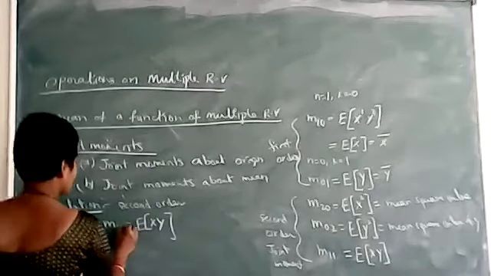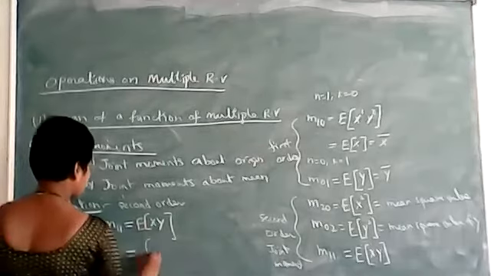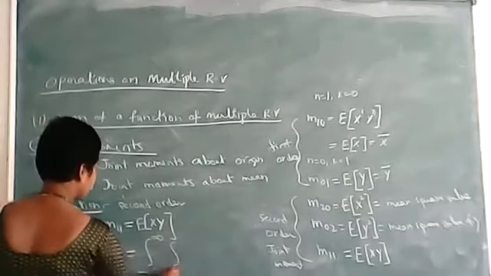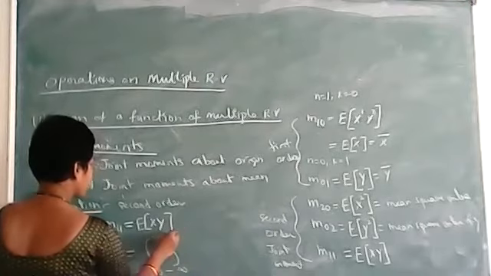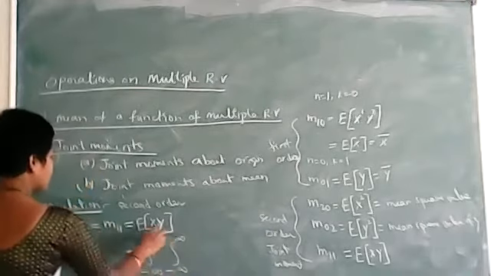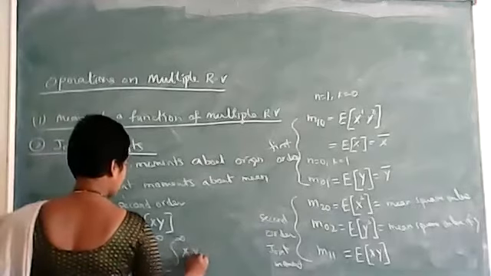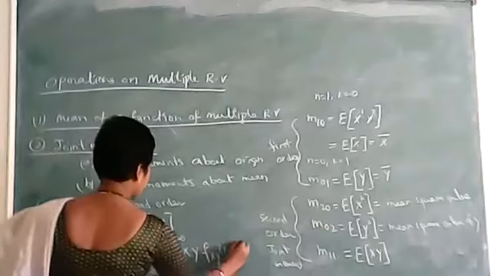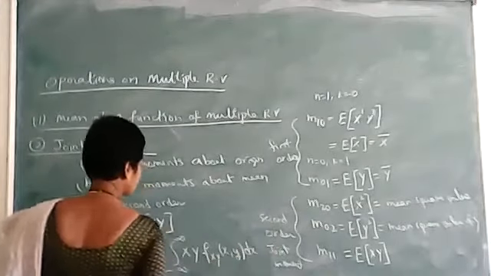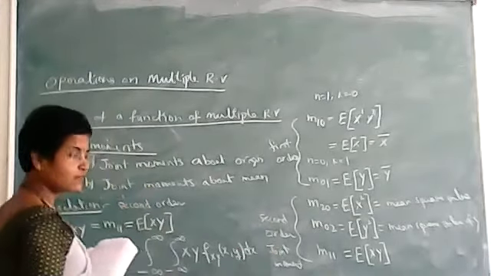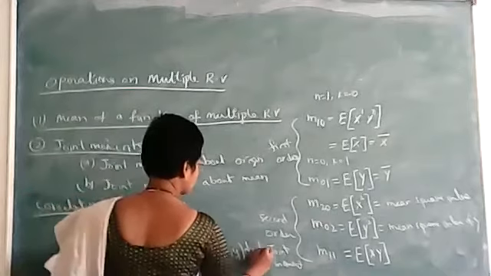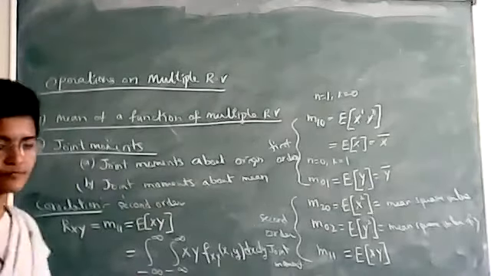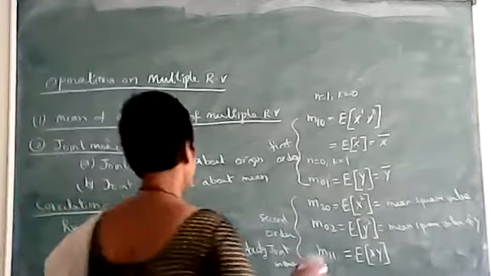What is the formula? Since we are using two random variables, the formula is integral minus infinity to plus infinity, integral minus infinity to plus infinity, of xy times the joint probability density function, dx dy. This is for the continuous case.